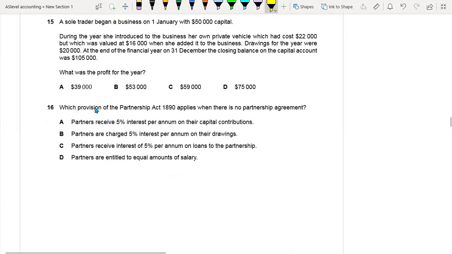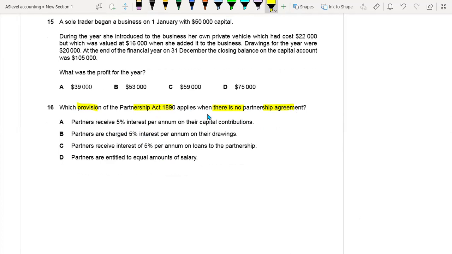Which provision of the Partnership Act 1890 applies when there is no partnership agreement? So when there is no partnership agreement, it means that partners would be receiving 5%. Yes, partners receive 5% interest on the capital contribution. This is not written in the Partnership Act, which is 1890.